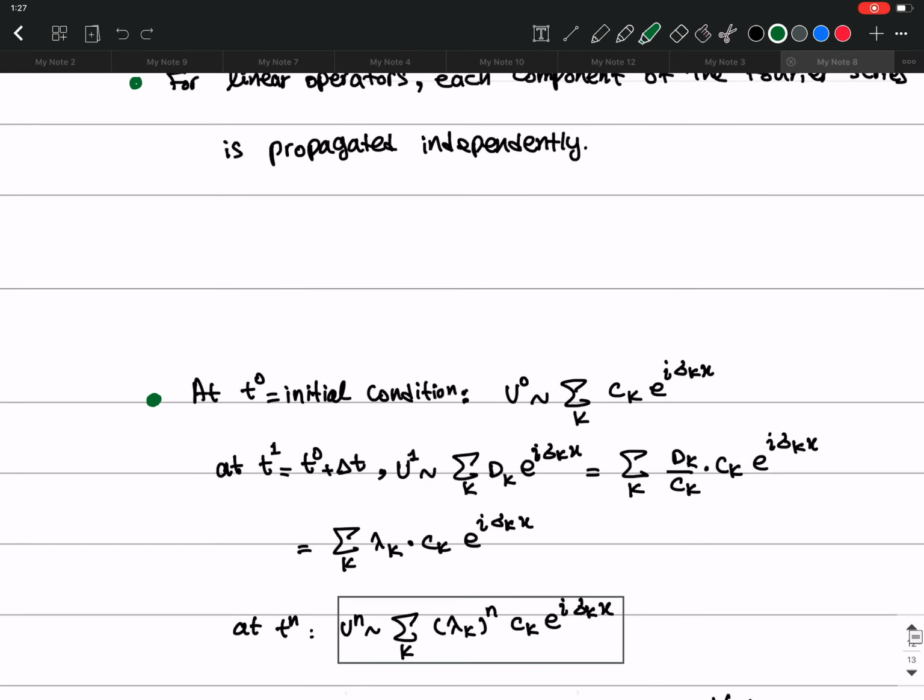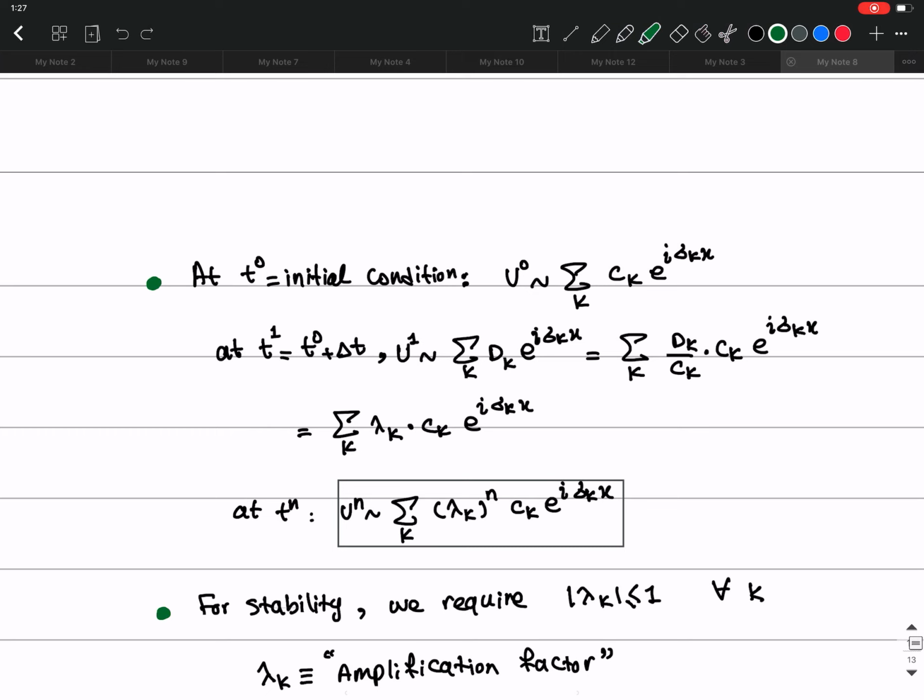Then I talked about the general way of dealing with this Fourier series analysis, and this is a summary of that. At time equals 0, you have the initial condition, and then you propagate it in time. This is the propagation in time, where lambda is an amplification factor, which is just the coefficient at the new time step, dk, over the coefficient at the previous time step, ck, okay?